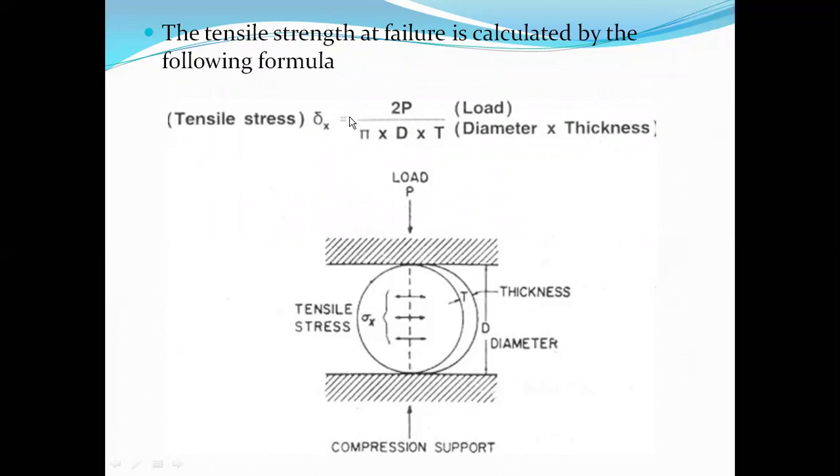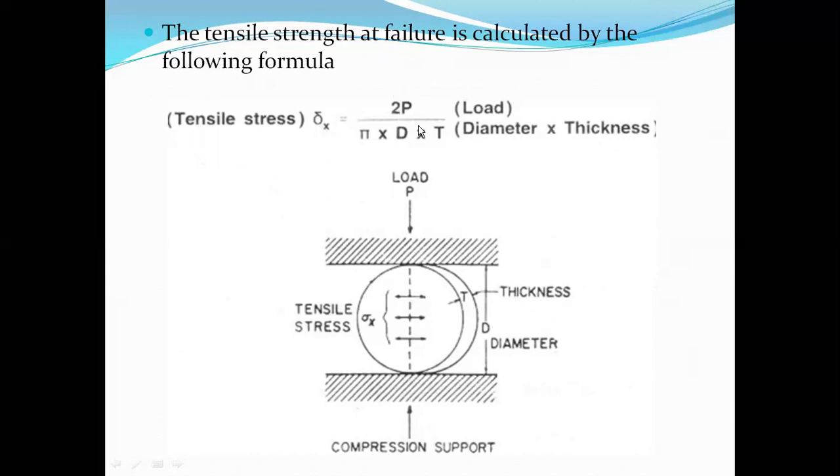The tensile strength sigma x is equal to 2P by pi D T, where P is the load applied, D is the diameter of the circular disc used for this test, and T is the thickness of the specimen. So this is a very important formula that we'll be using, both from the entrance as well as the examination point of view. What is the formula now?